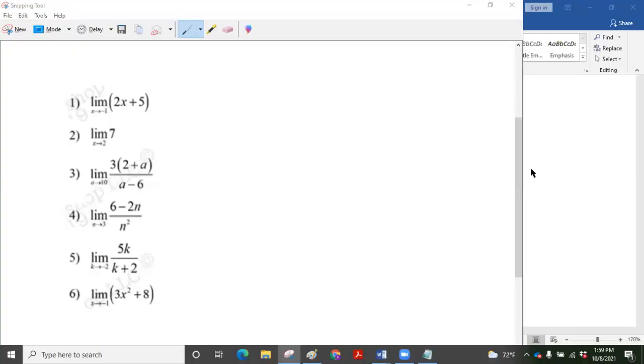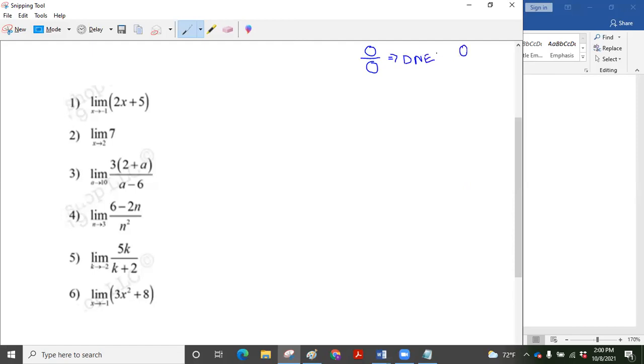So now we're going to start looking at solving limits algebraically. And the basic idea is that if it doesn't result in an indeterminate form, then we can essentially just plug in. By an indeterminate form, I mean that if you plug in and you get 0 over 0, then the limit does not exist.